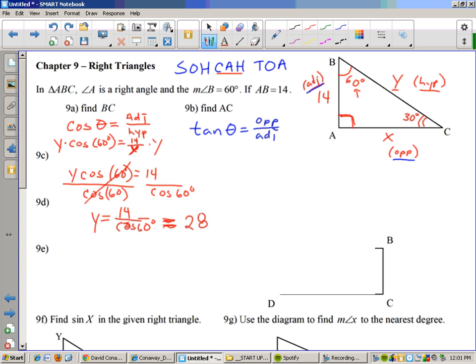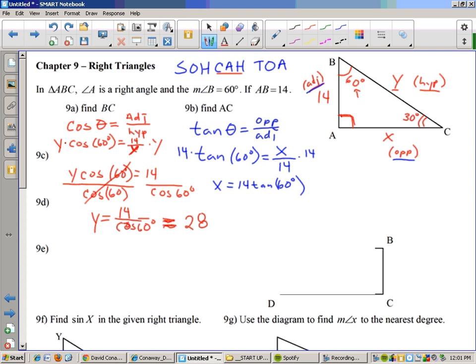But if you don't, trig works for everything. So tangent of 60 degrees equals x over 14. Multiply both sides by 14, and I'm going to get x equals 14 tan 60.